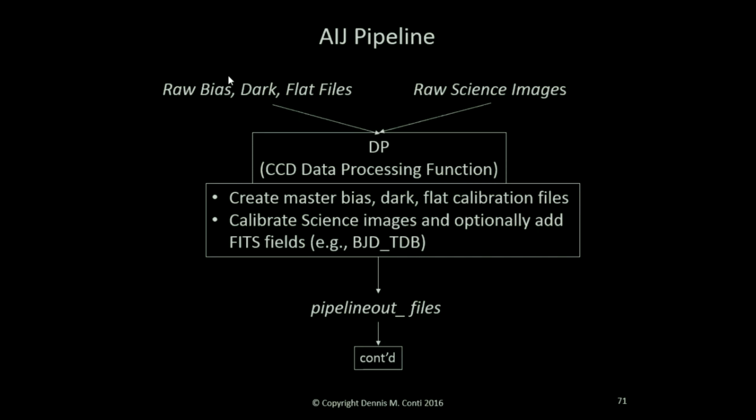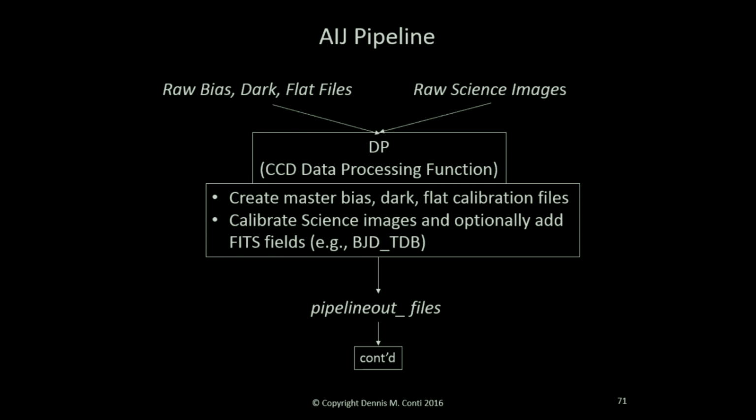In this phase, we will be taking the raw bias, dark, and flat files and creating from them a master for each. So a master bias, a master dark, and a master flat. We will then be taking the raw science images and using AstroImageJ's data processing function, we will calibrate the science images and optionally add FITS fields that might be missing from the image capture software.